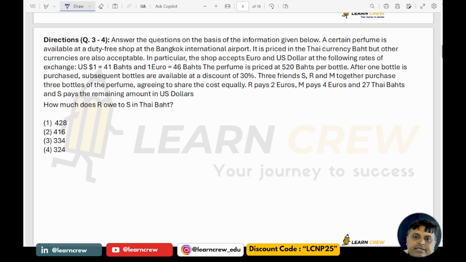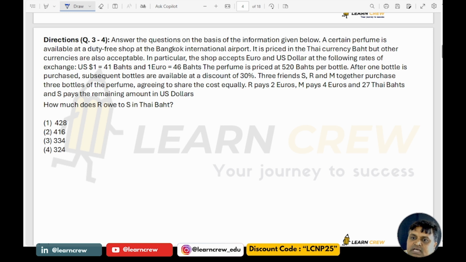In particular, the shop accepts euro and US dollar at the following rates of exchange. 1 US dollar is equal to 41 bahts and 1 euro is equal to 46 bahts. The perfume is priced at 520 bahts per bottle. After one bottle is purchased, subsequent bottles are available at a discount of 30%.